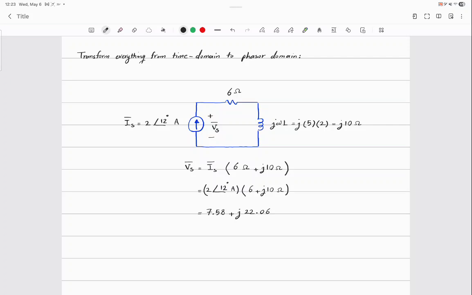Okay. Am I done with the problem? Who is an electrical engineering student here? Imagine that you're hired by an electrical engineering company and they ask you to do this for some specific problem. And you call your boss, okay, sir, I found the answer, and it is 7.58 plus j22.06.